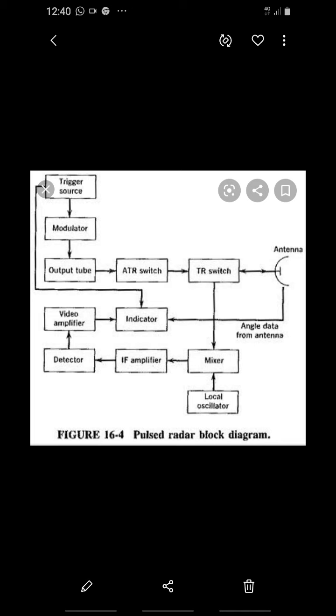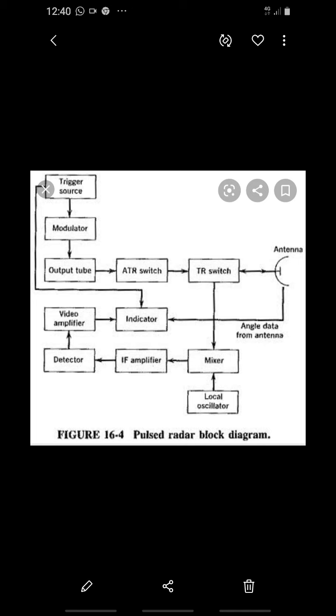Next, detector. It demodulates the signals coming from the IF amplifier and its output is given to the video amplifier. Generally, a Schottky barrier diode is used for demodulating received echo signals.